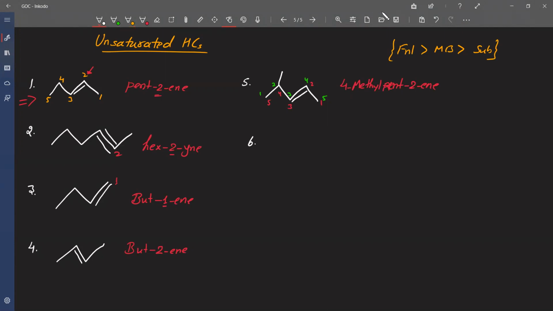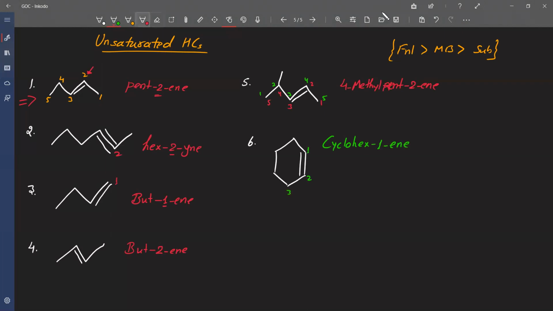Let's include a cyclic compound. What do you think this will be? Cyclohex-1-ene, cyclohexene. Okay. See, cyclohexene, obviously this is position 1, 2, and so on.